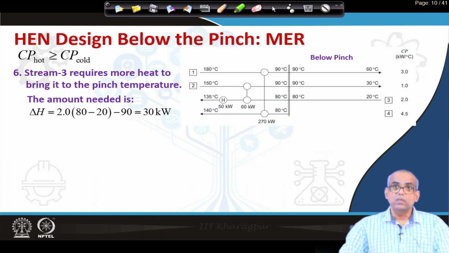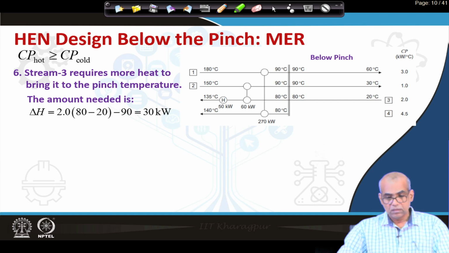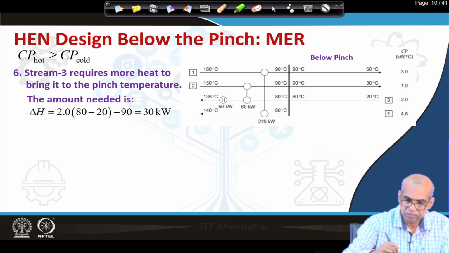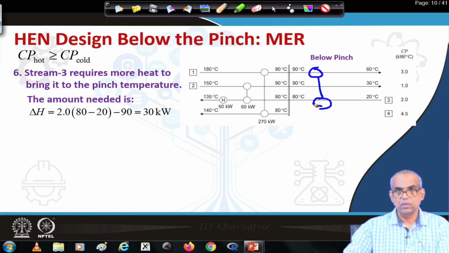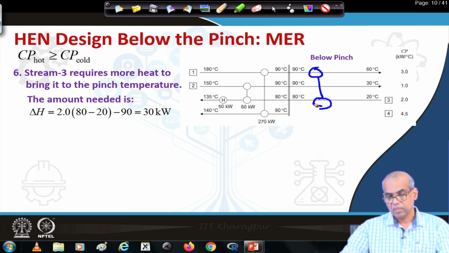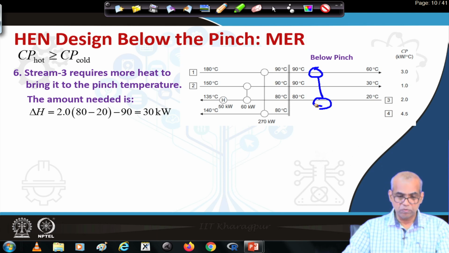Now, this stream 3 gets this 90 kilowatt from stream 1. So, this represents the heat exchange between these two process streams, stream 1 and stream 3.